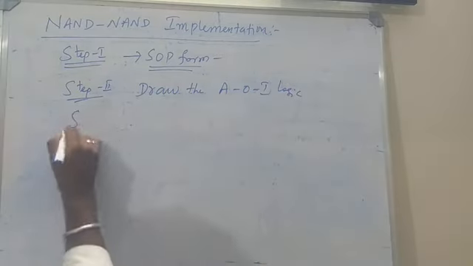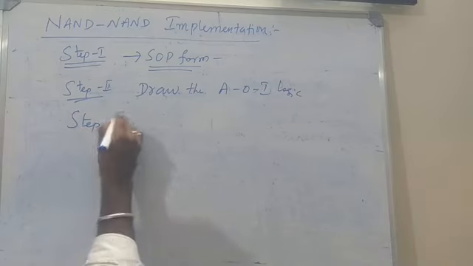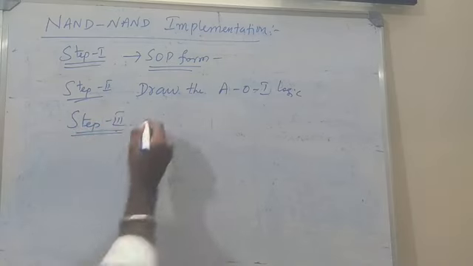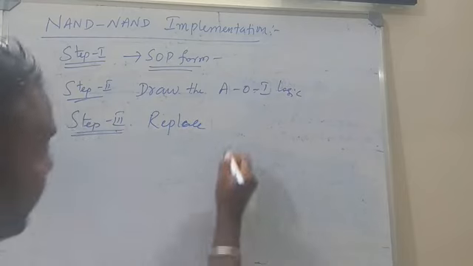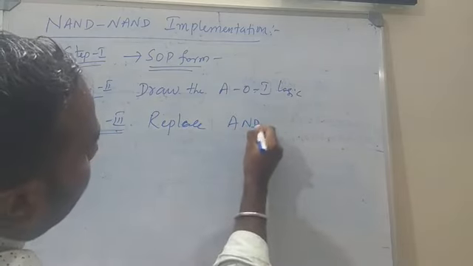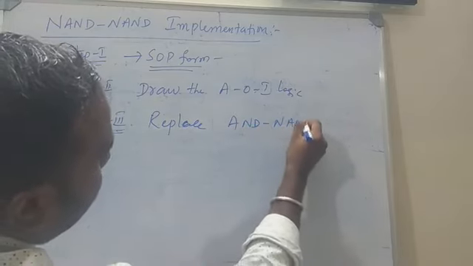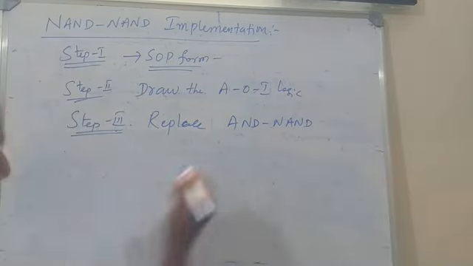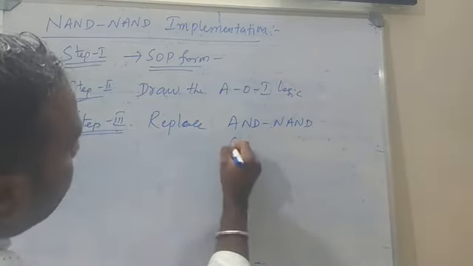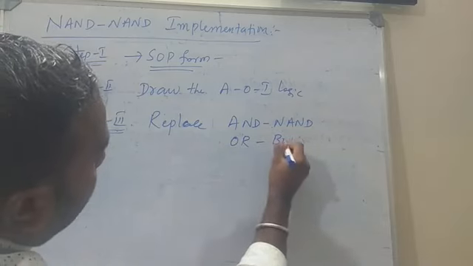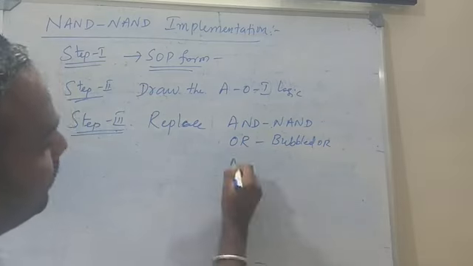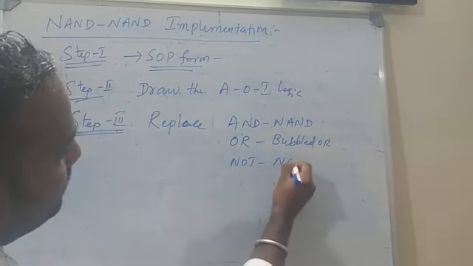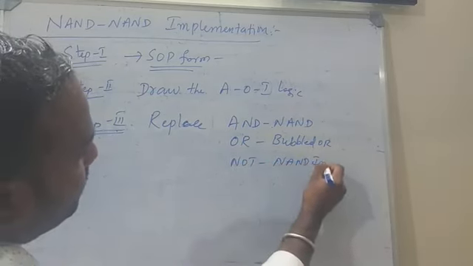Step number three is very, very important. Replace AND by NAND, that is, the AND gate by NAND. Next, replace OR by bubbled OR, and replace NOT by a NAND inverter.